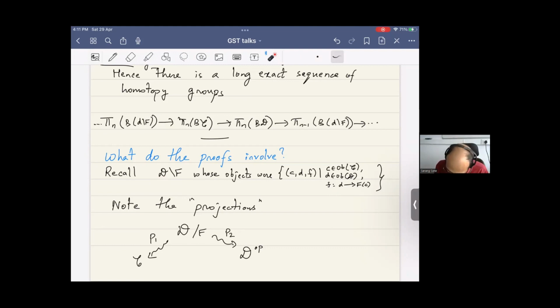Now you have triples c comma d comma f, so you can take projections. We did this trick already for the comma category little d comma f. Now there are two projections for script d comma f.